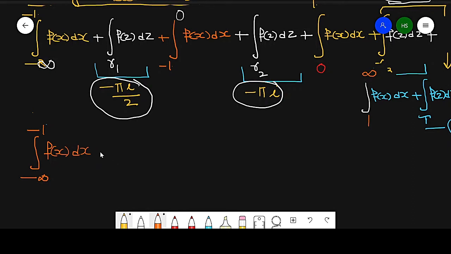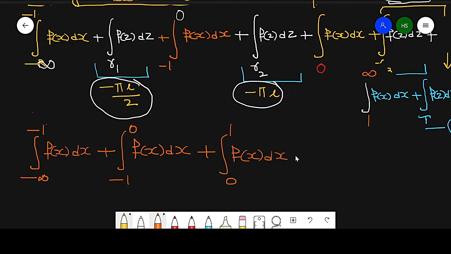Now this is plus minus 1 to 0 of f x dx, and again plus 0 to 1 of f x dx, and this is 1 to infinity of f x dx, and this total is 2 pi iota.